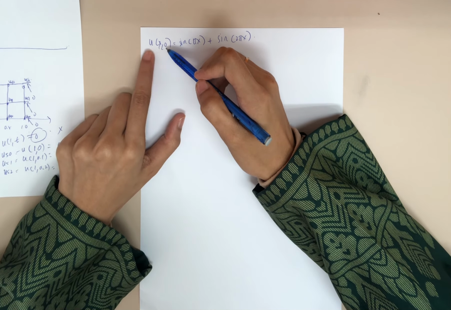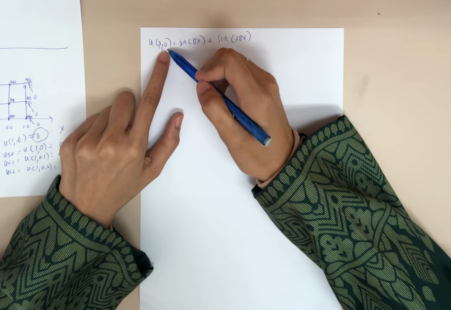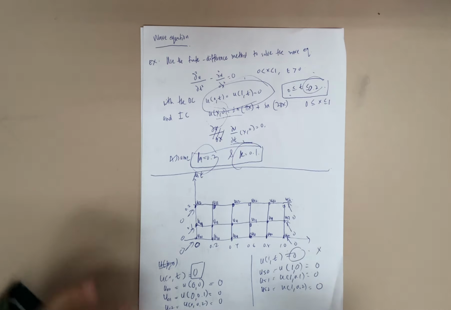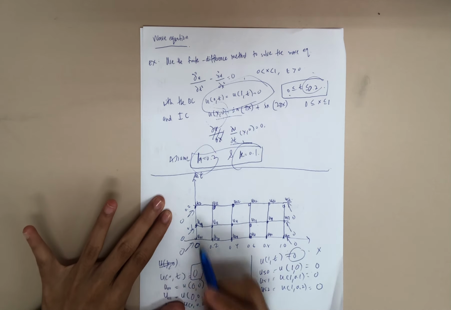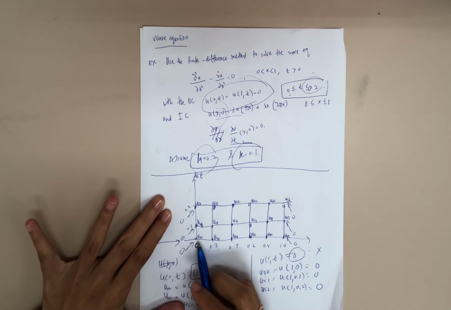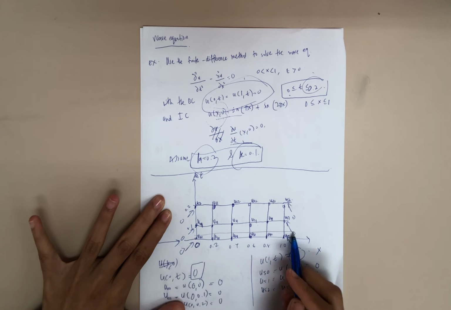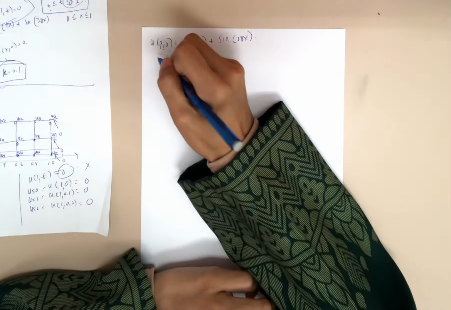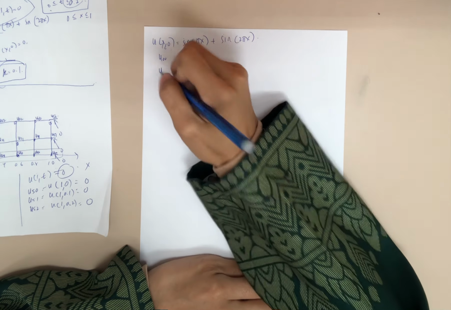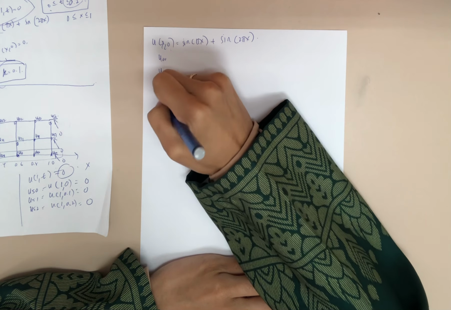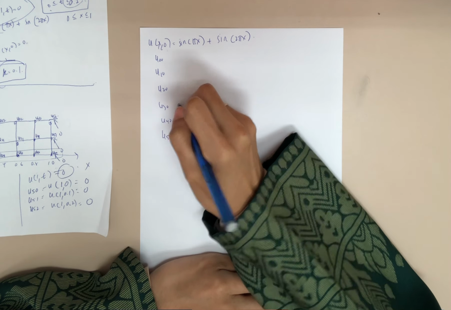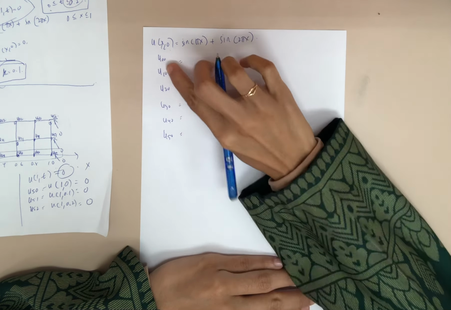This means the values that lie in T0. This is T0, and all of this is T0. So that means U00, U10, U20, U30, U40, and U50. All of this is your T0.